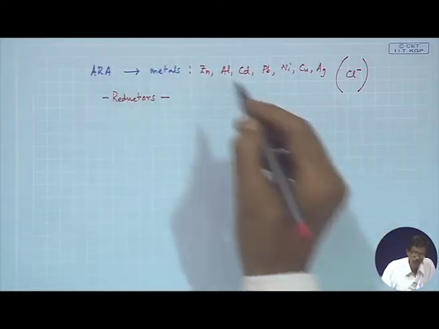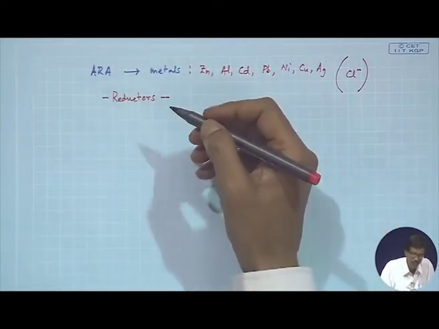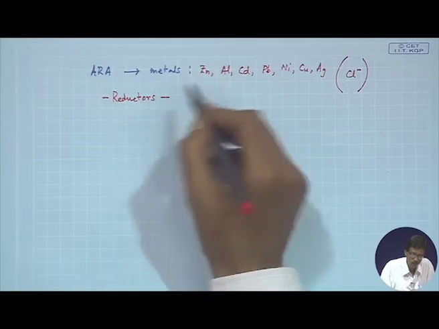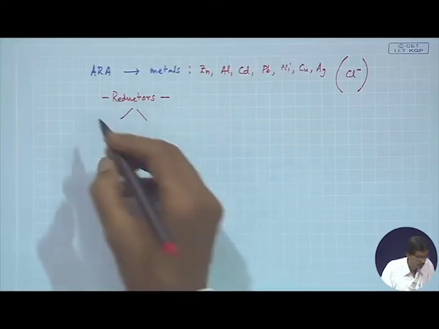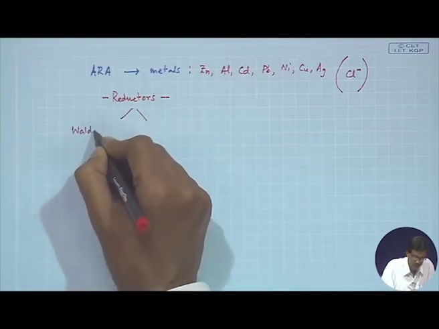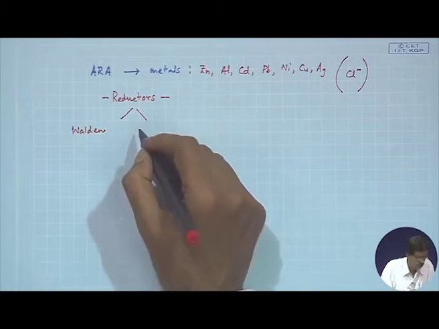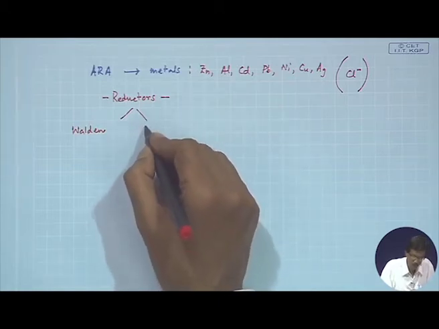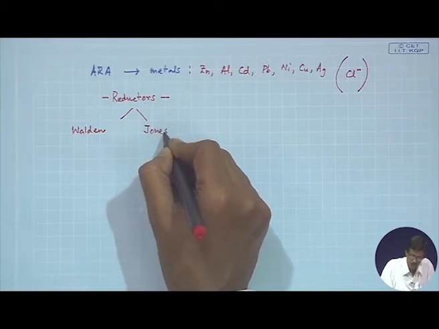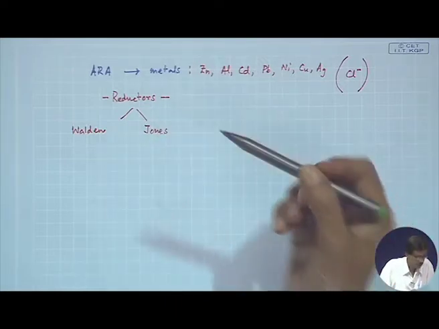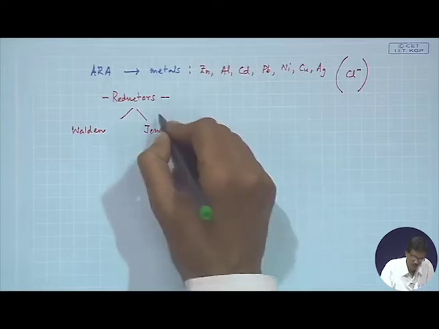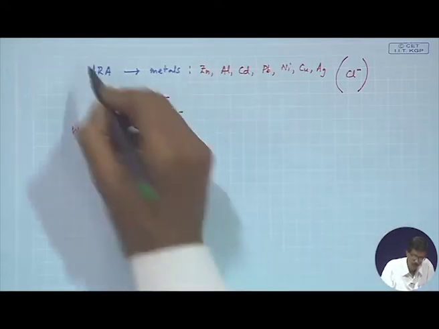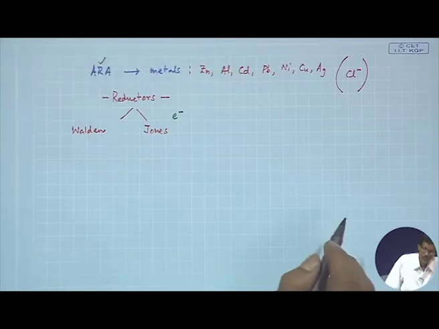These reductors are useful, that means in situ or from some solid support we reduce all of them. These reductors can be the Walden reductor, because it has historical importance in terms of its introduction by those scientists, or the Jones reductor. So, the Jones reductor is there, and this particular one supplies the corresponding electrons, that means we require these electrons because we are talking about the auxiliary reducing agent.